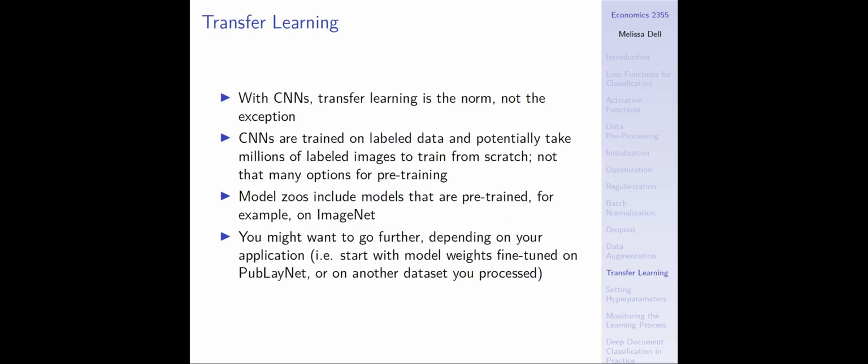Let's say your documents are pretty different from the PubLayNet documents, which are modern journal articles, so you can't just use PubLayNet off the shelf. It'll give you garbage, or nothing at all. But you can take the fine-tuned weights from PubLayNet and use that as your starting point, and you're probably going to converge a lot faster.